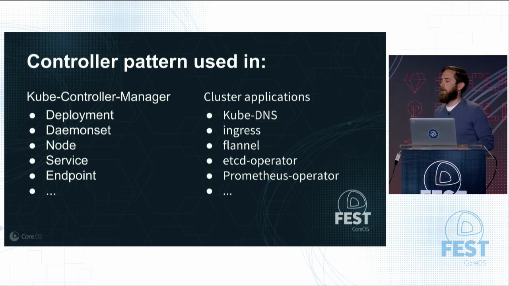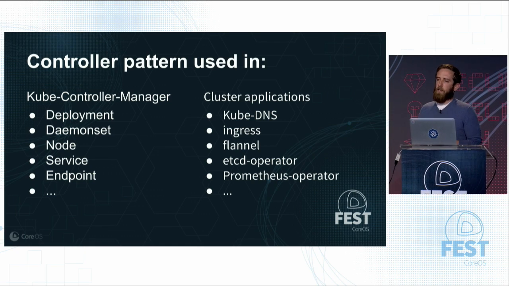Internally, the canonical example is the Kubernetes controller manager. Inside of this, it has a whole bunch of different controllers. There's the deployment controller, daemon set, node, service, endpoint. There's a ton. And so what it's doing, for example with a deployment, is your desired state might say, I want to have 3 replicas of this pod running. Then it's going to look at your actual state and see, well, there's only 2 running.